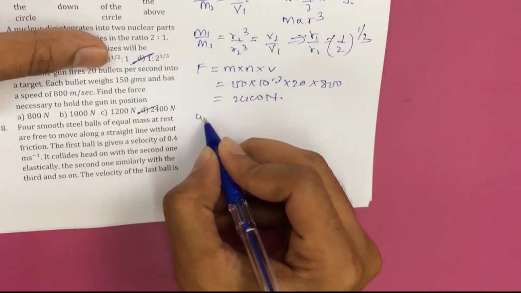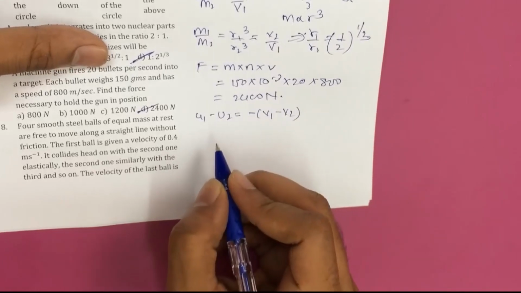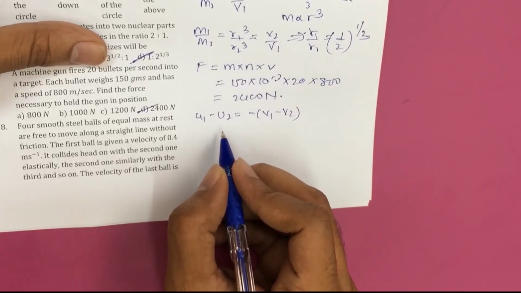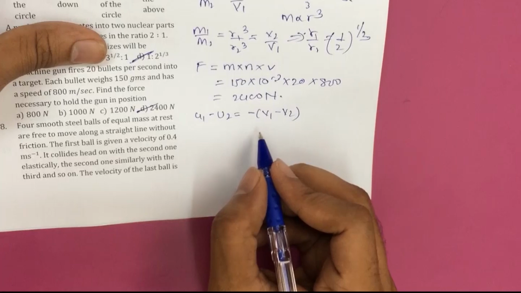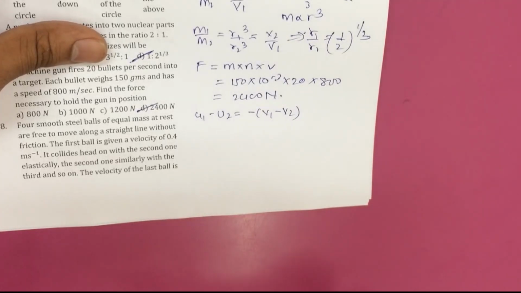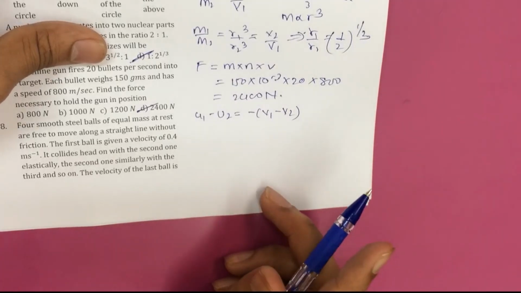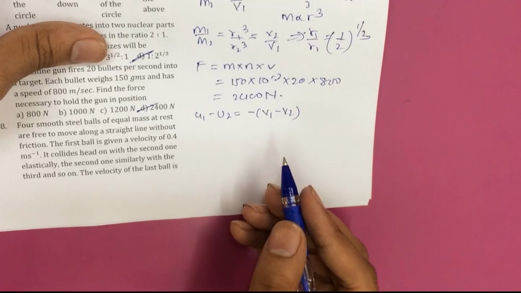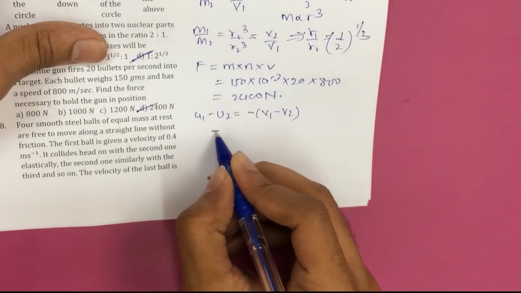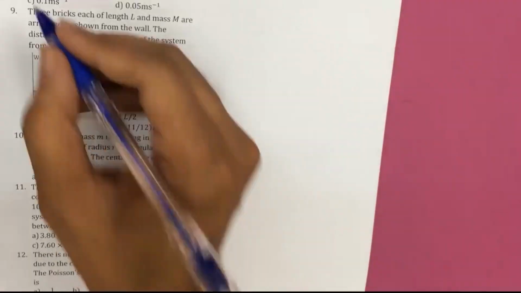Hence I could say u1 minus u2 will be equal to minus of v1 minus v2, where u1 minus u2 is the relative velocity before collision and v1 minus v2 is the relative velocity after collision. Thus, in a perfectly elastic collision, the relative velocity does not change. Hence, the velocity of the last ball would be minus 0.4 meters per second. So, your correct answer would be option A.